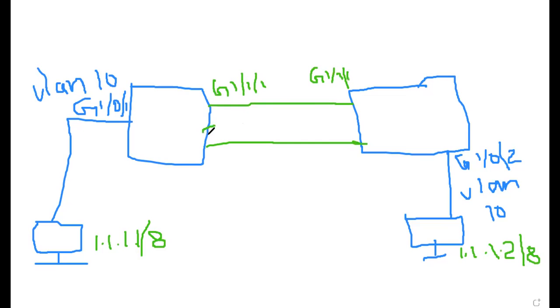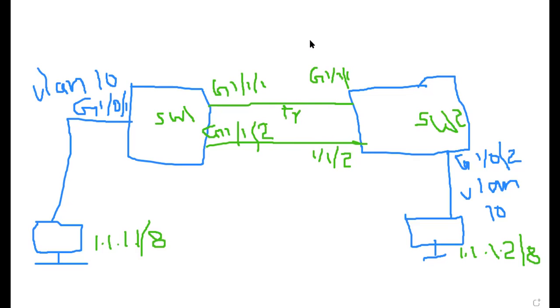Here I have one more link which I am connecting, G1/1/2. Here same as G1/1/2. Switch 2, switch 1. If I do this, this is what we call a trunk port.